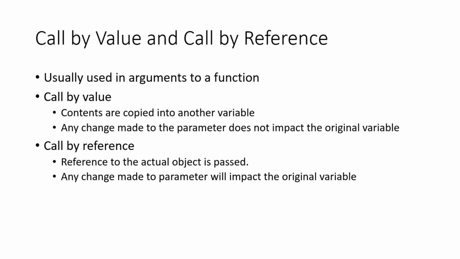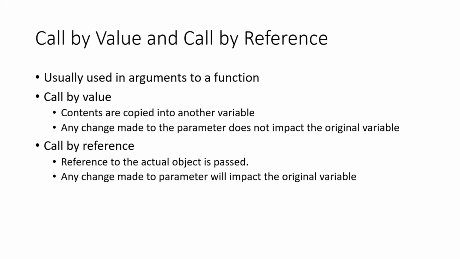Now, what happens in call by reference is when you pass those arguments to the function, instead of the compiler sending a copy to that function, it's going to pass a reference.